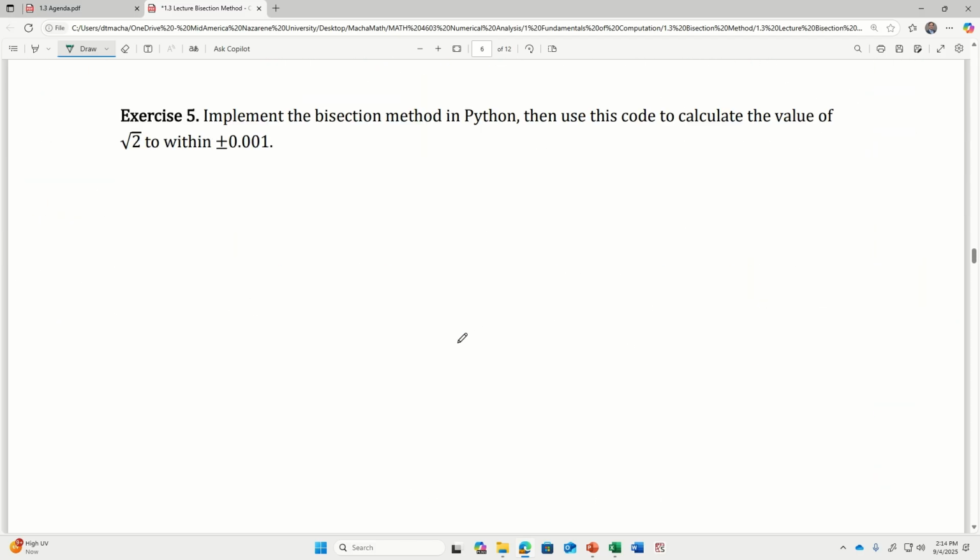All right, so we're going to do this in Python now. So I'm going to boot up my Python and see what we get.